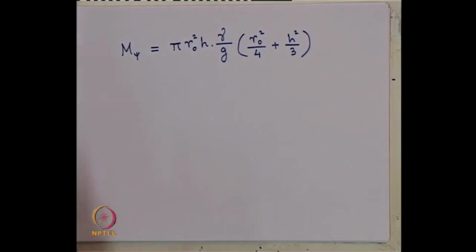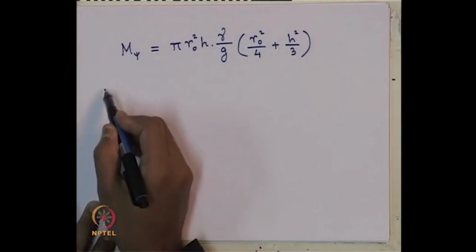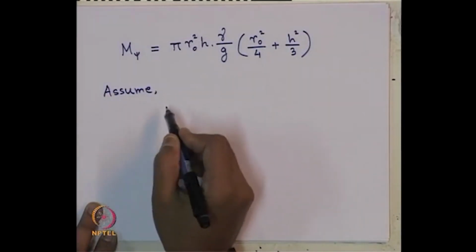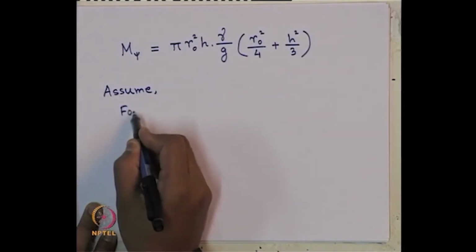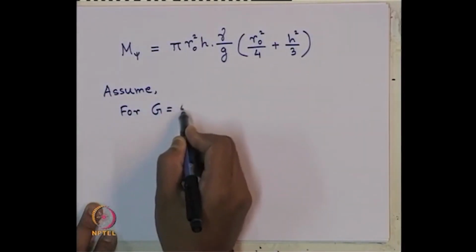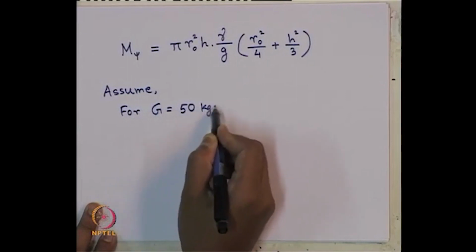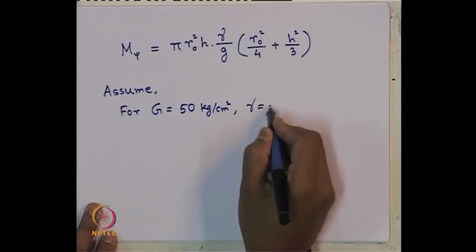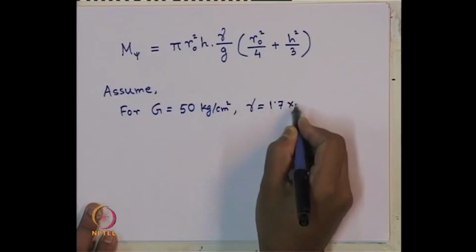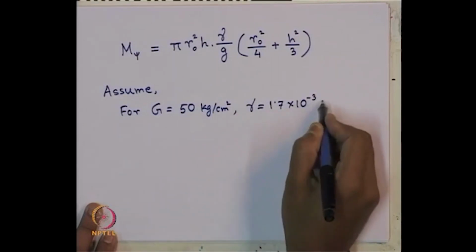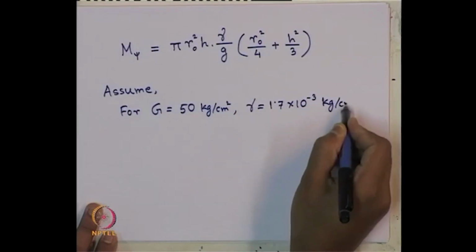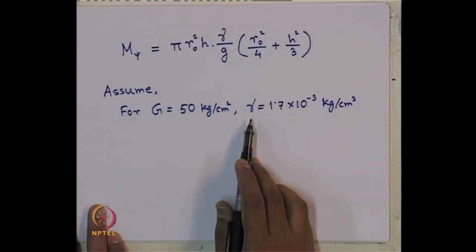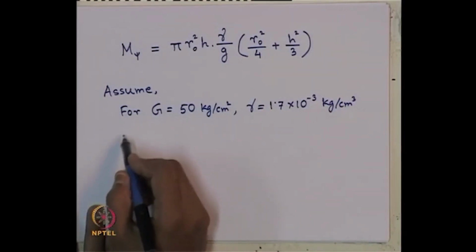So, let us assume for g equals to 50 kg per centimeter square, first type of soil, gamma is 1.7 into 10 to the power minus 3 kg per centimeter cube. Remember, this kg is kg force, that is why it is unit weight we are considering.